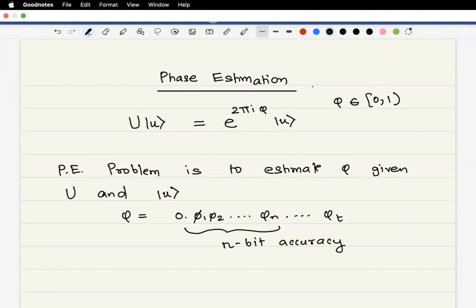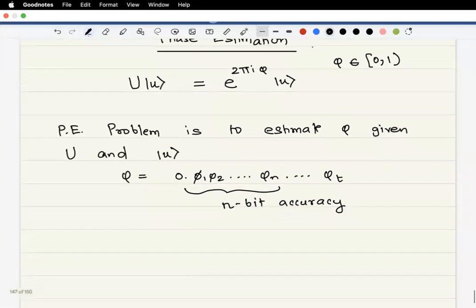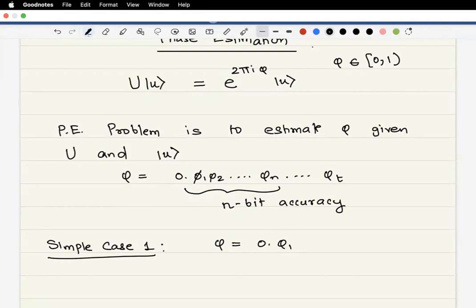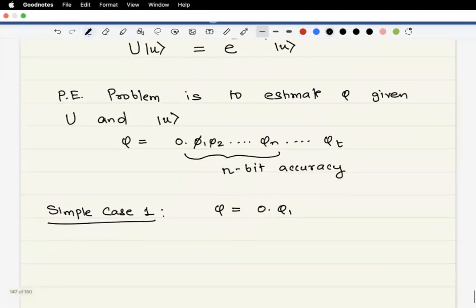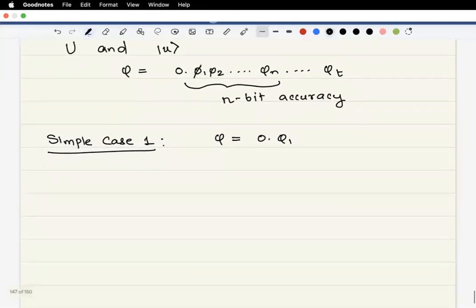So initially what we are going to do is assume that phi is very simple. So case 1, simple case 1. Let's say phi can be represented by just 1 bit. Okay, so phi 1 can be either 0 or 1. So let's draw the circuit for this.